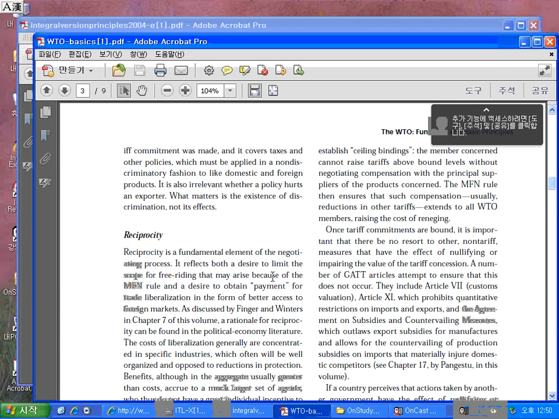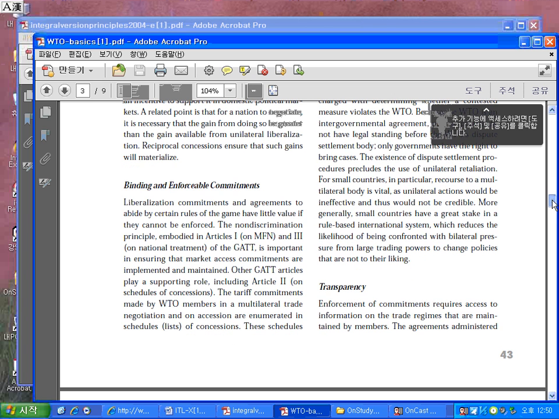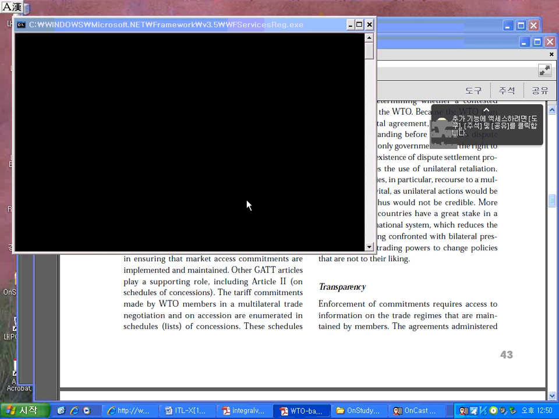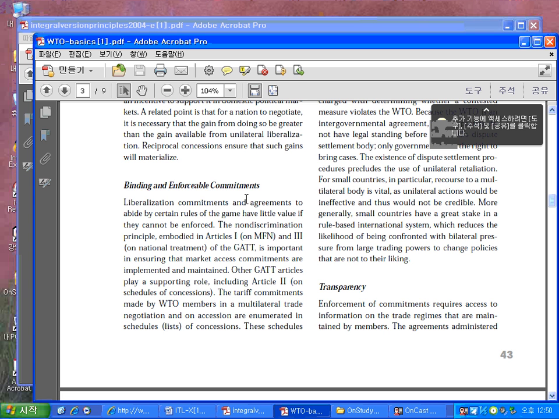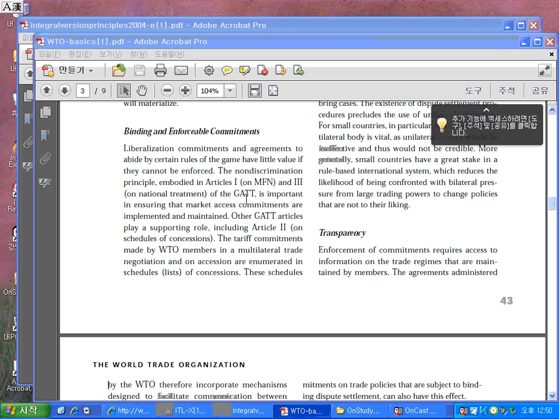So reciprocity is a public law concept. And you can see a binding and enforceable commitment. So the extent of normative nature was actually enhanced through the Uruguay Round negotiation, and the dispute settlement mechanism was highly strengthened and became an effective instrumentality to ensure predictability and legal stability within the WTO organization.